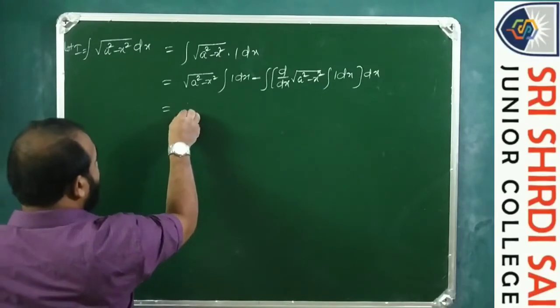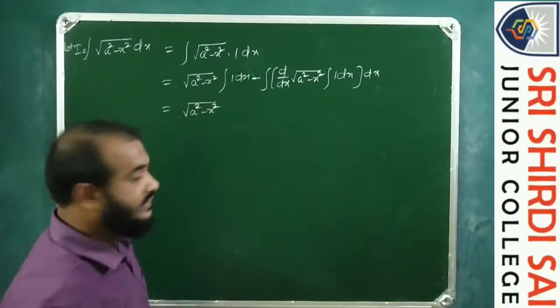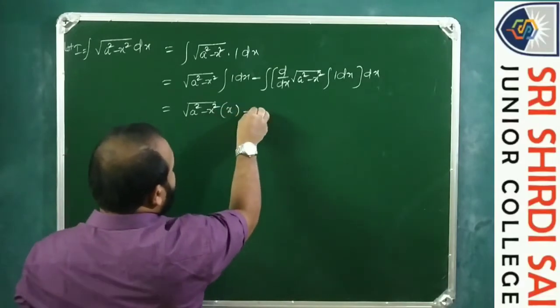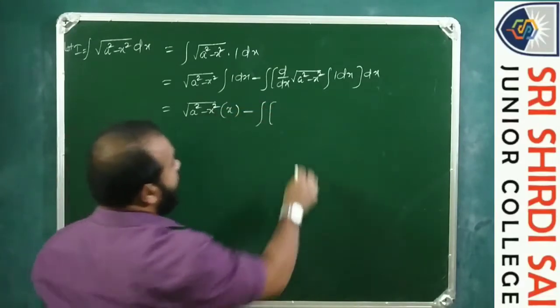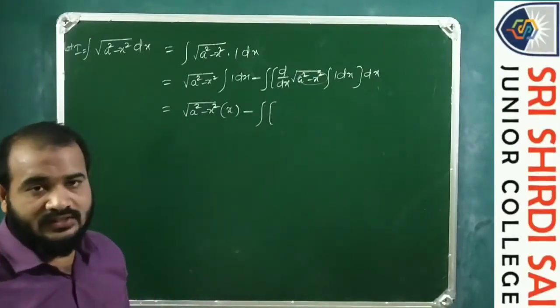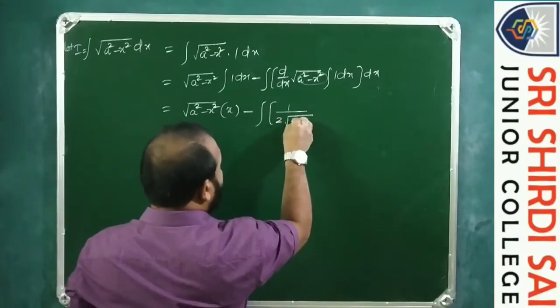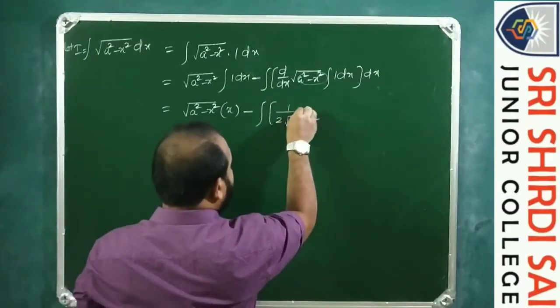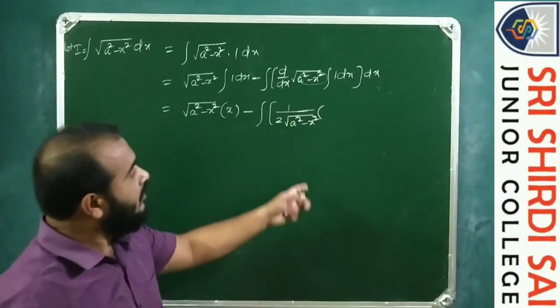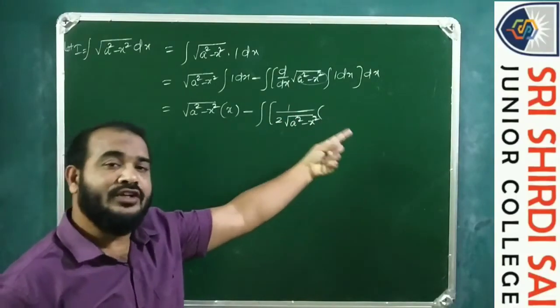So this is root of a square minus x square, integral 1 dx is x, minus integral of, let us suppose this to be x, because we know d by dx of root x is 1 by 2 root x. So this is 1 by 2 root of a square minus x square into whatever we have treated to be x, we need to differentiate it later.